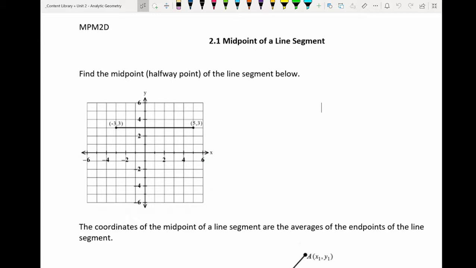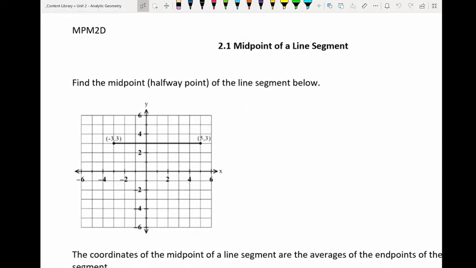a line segment. So we can see on our graph here we have a line segment that goes from (-3, 3) to (5, 3). And we want to find the midway, or the midpoint, or the halfway point of this line segment. And looking at it graphically, we have it all drawn out. It might be fairly easy to determine what the midpoint is, because I can count how many spaces I have to go from one end to the other.